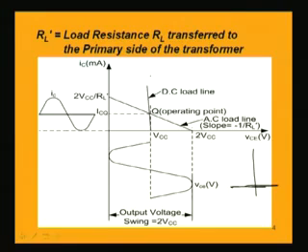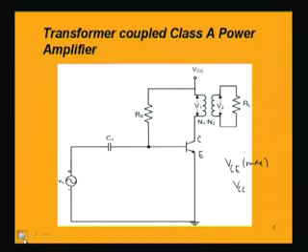Now, to draw the AC load line, we consider the AC conditions prevailing, and we have already seen that the primary of the transformer will have this RL transferred to it by the value RL dash.